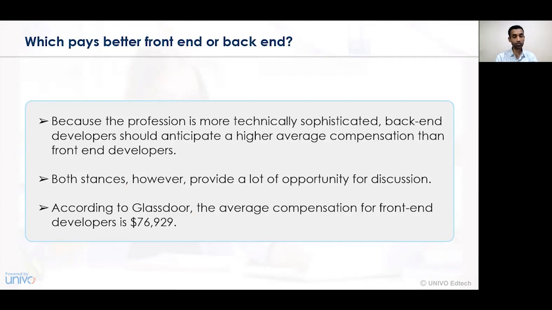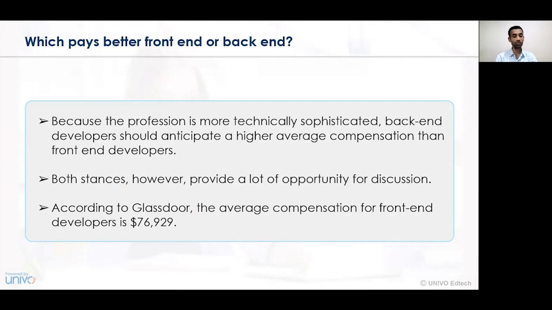With respect to the average compensation, the front-end developer and the back-end developer earn a certain amount of different compensation. But in both instances, they always provide an equal opportunity for discussion. The front-end executive as well as the back-end executive, everyone is proficient and competent at their respective levels, and each and every activity related to the front-end or the back-end is equally important.